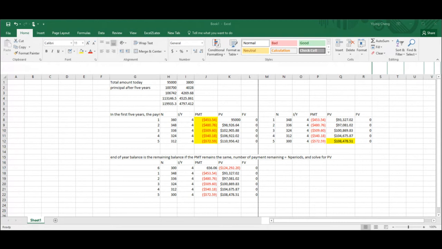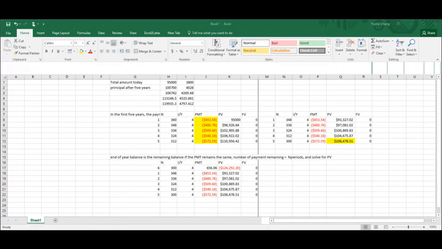Once we calculate that, we can then adjust this outstanding balance by the inflation rate of 6% to get the beginning of next year's balance outstanding. From this 93,327.02, we multiply by 1.06 to get 98,926.64.